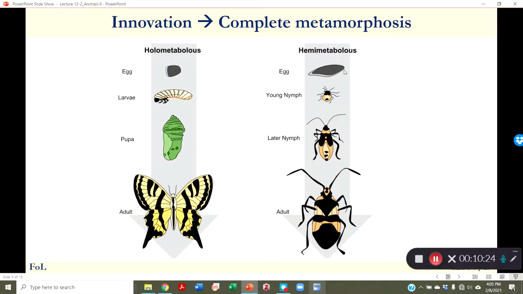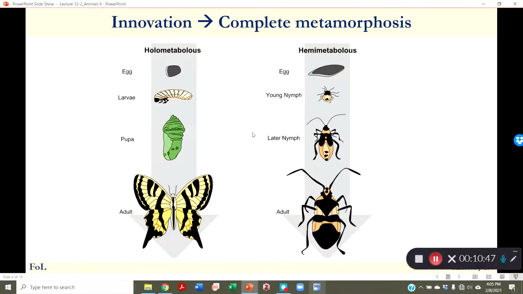Often they're housed in egg sacs, and the individual that comes out of the egg is basically a tiny version of the adult, usually without the wings developed, that goes through multiple nymphal stages until the final stage is this adult that can fly.